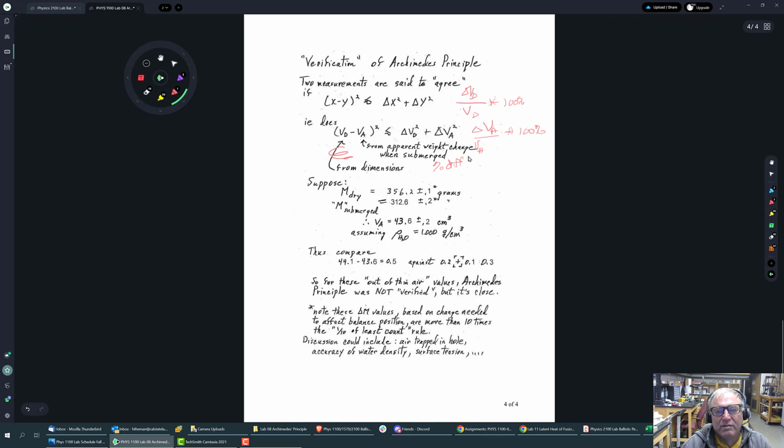is, and this is a standard way of doing it, we take the absolute value of the difference between them, and then we divide by the average of them, and multiply by 100. And what we want to know is that this percent difference is smaller than the other two, because the other two basically represent an error bar.